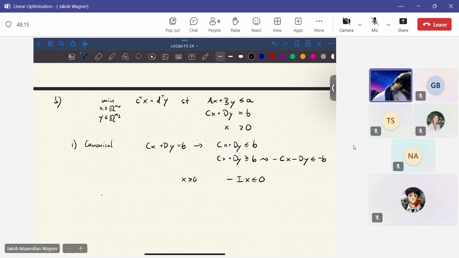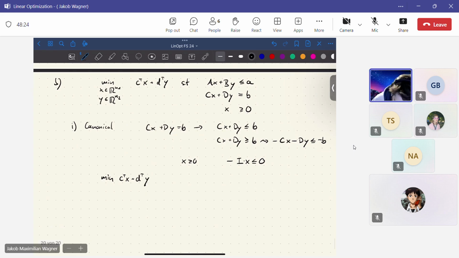We have minimization of c transpose x plus d transpose y over Ax plus By less or equal than a, Cx plus Dy less or equal than b, minus Cx minus Dy less or equal than minus b, and minus the identity times x less or equal than 0.